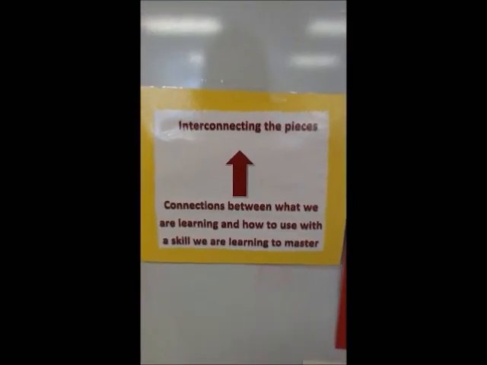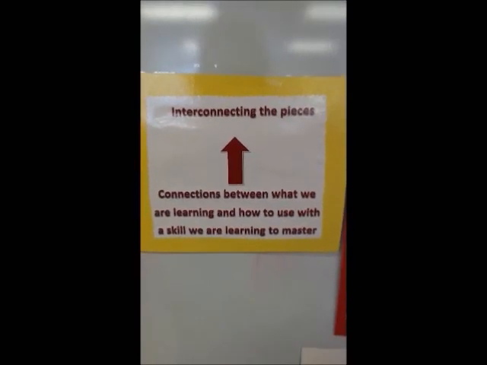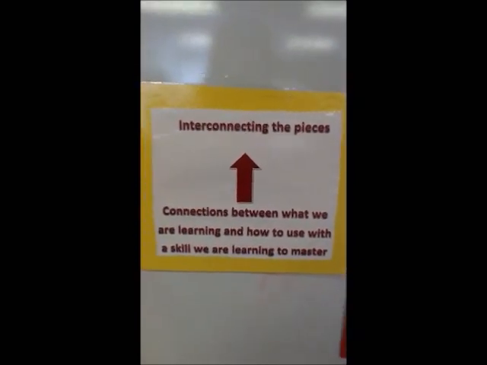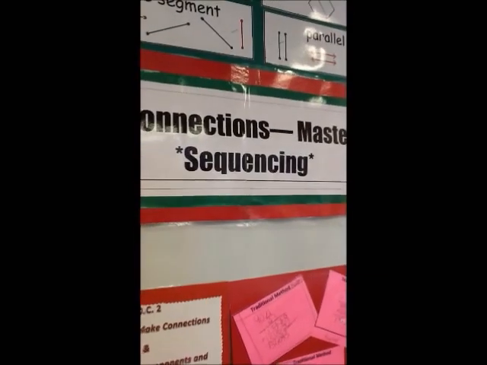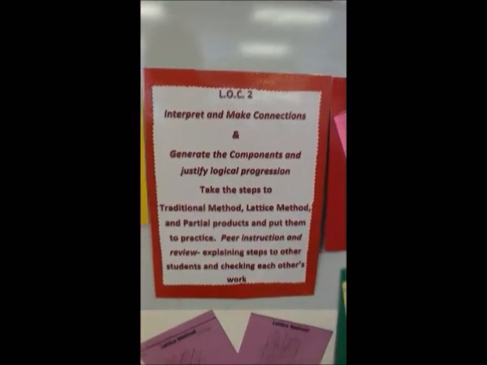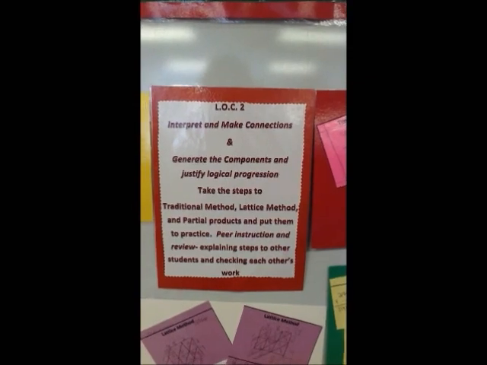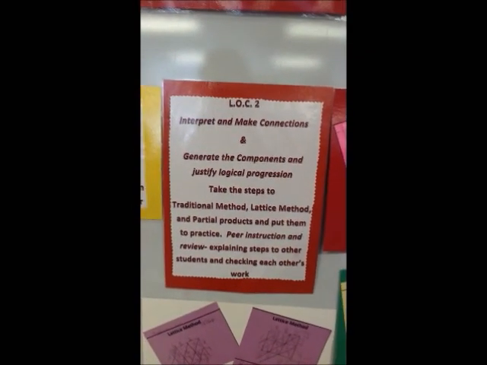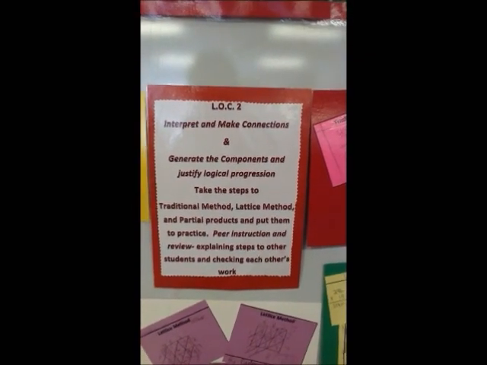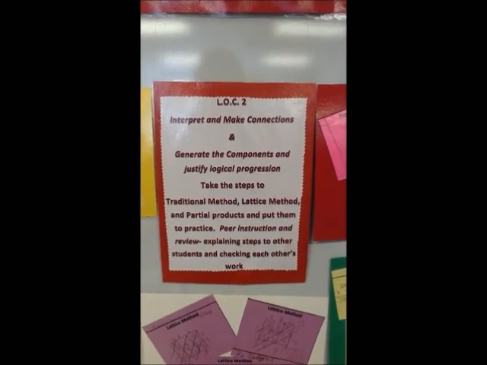The next step that we did, we worked on interconnecting the pieces between what we had already learned and, of course, the skill that we're trying to master, which is sequencing. We went to an LOC2 or a DOK2, which was they were to interpret and make connections, and then they were to generate the components and justify logical progression.